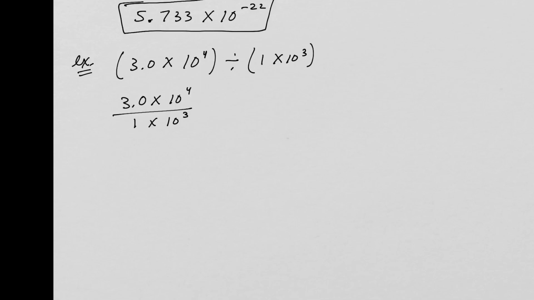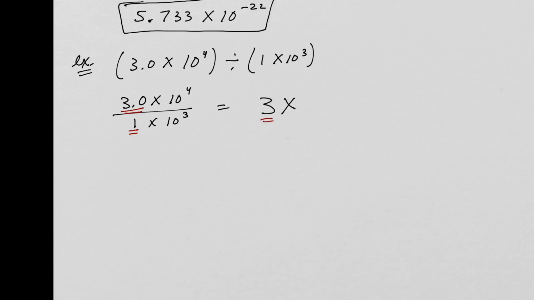The first thing you want to do is divide the numbers out front. So what's 3 divided by 1? Well, that's just 3. So that gives me the 3 here.